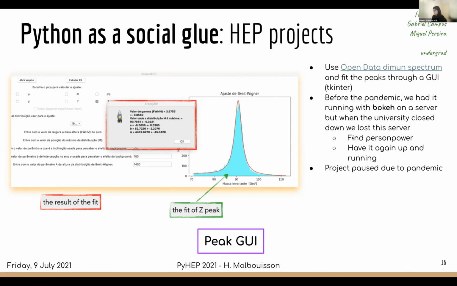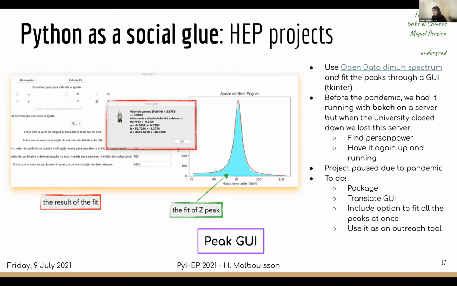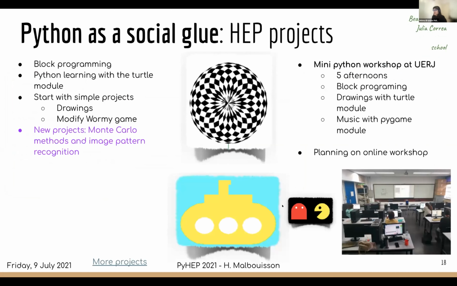But with the pandemic, we had to shut it down, and now we are looking to continue. We already have in the pipeline other students to take this project over, and then we would like to put it in a package, translate the GUI to English, and then include some other functionalities so we can use it as outreach in high schools.